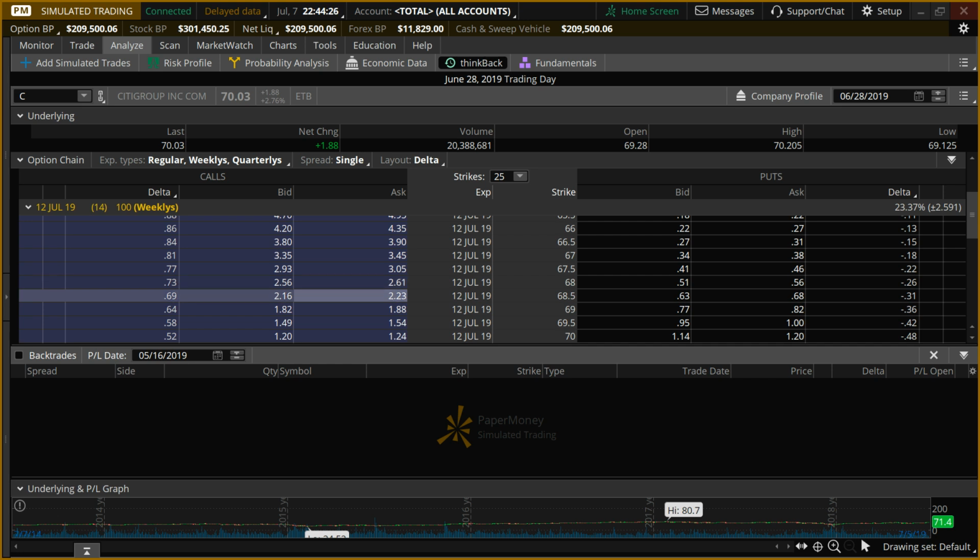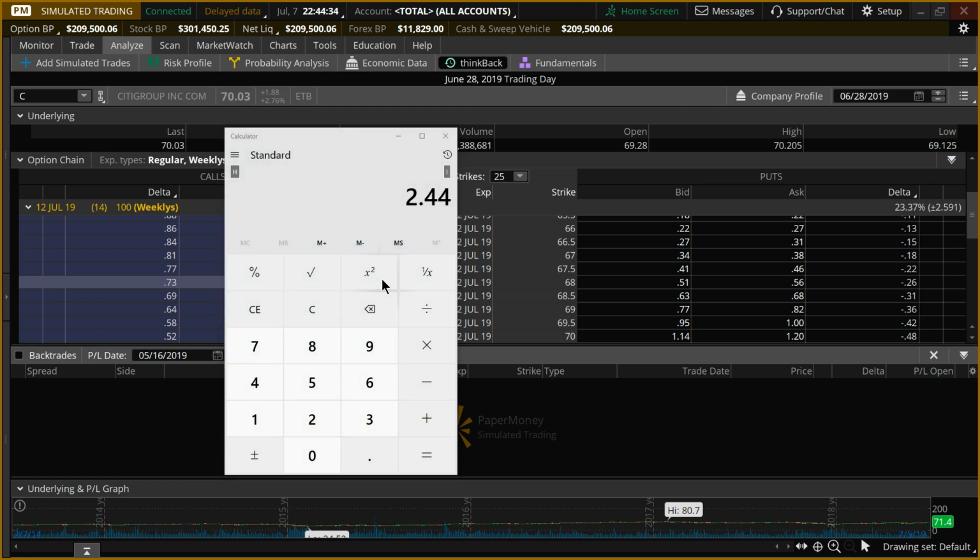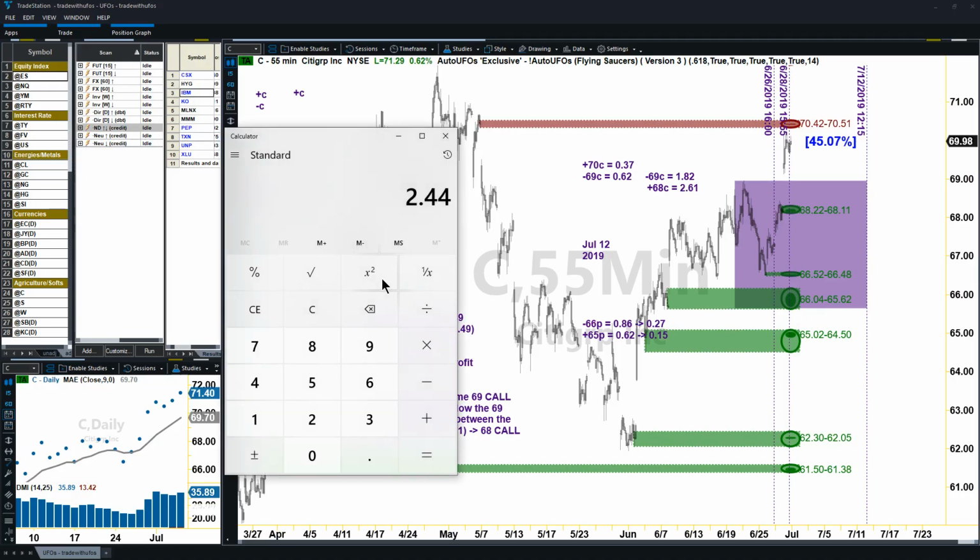So for example, in this case, if I buy the 68 against the 69, it's costing me too much money, and it will not produce a credit, it will produce a debit. Okay, it will produce a debit. So let me see. Yeah, 0.62 plus 182 minus 261. So that's a debit of 17 plus the 37.